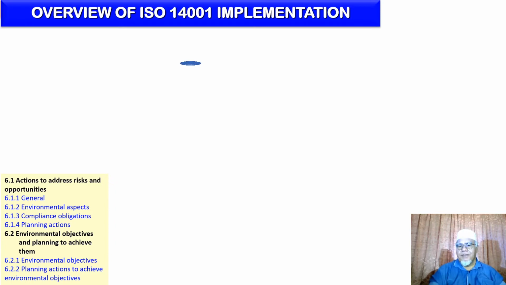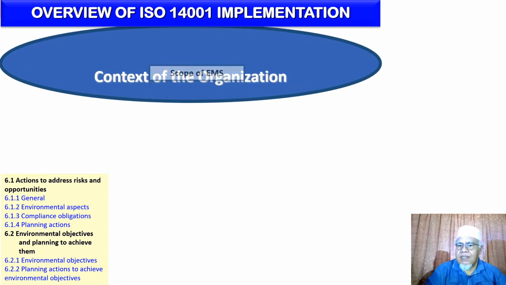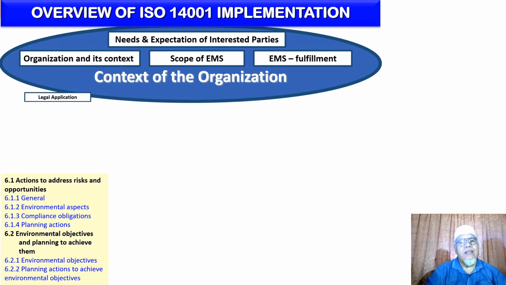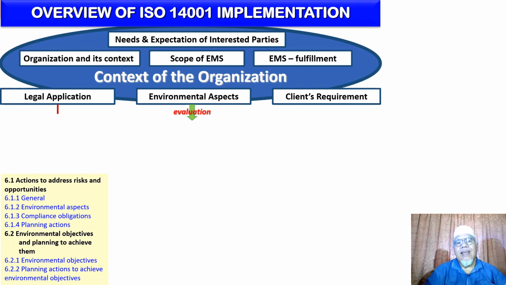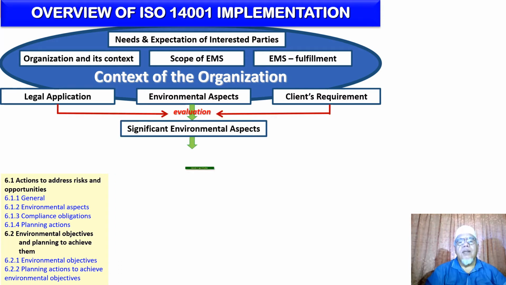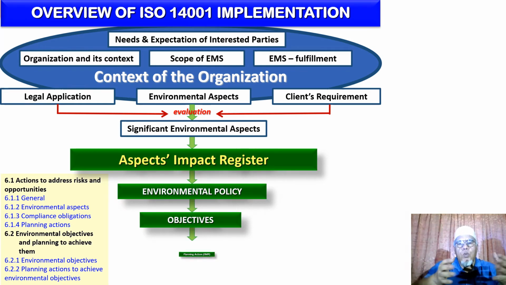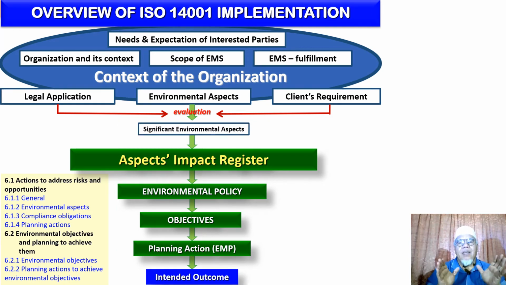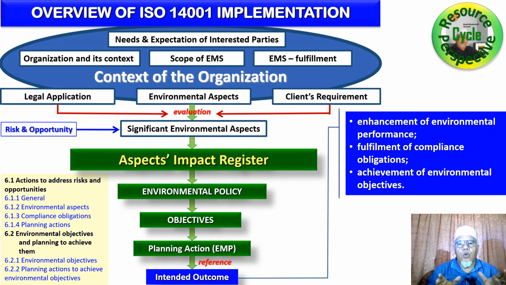So here we are. Again, it is important for us to understand that identifying environmental aspects is very important. We need to understand all the activities that we have in our organization within the scope of that certification. What is the list of environmental aspects that are involved, because we have got to manage them.